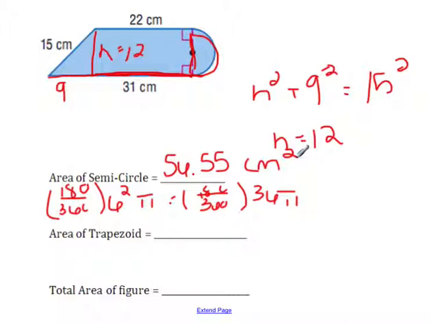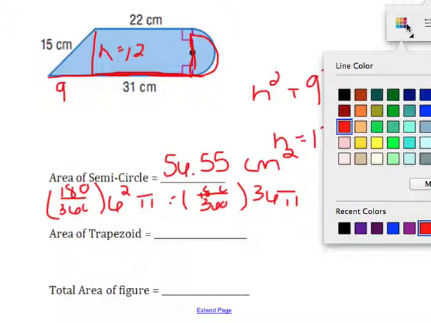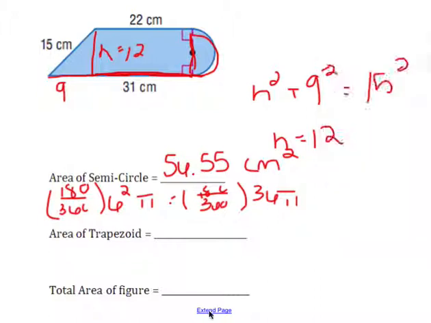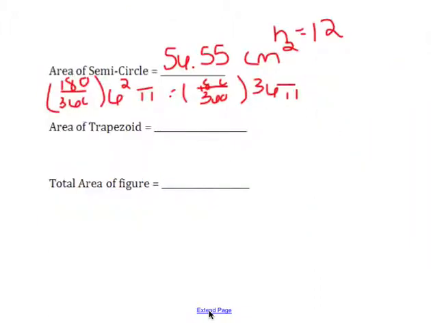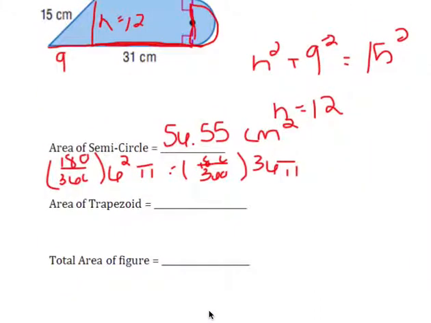Next, we want to calculate the area of a trapezoid. So this is where having your note sheets comes in really handy, because you might need to backtrack to look at what that formula is. Now remember the formula of a trapezoid: we're going to take the height, which is 12, multiplied by the sum of the bases. The sum of the bases is 22 plus 31, and then you're going to take that and divide it by 2.